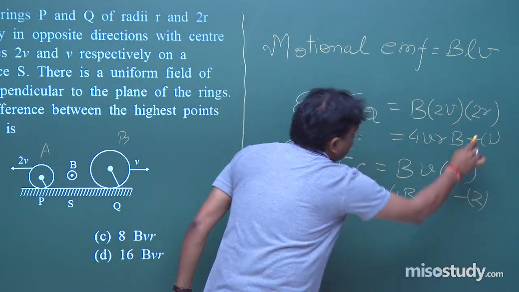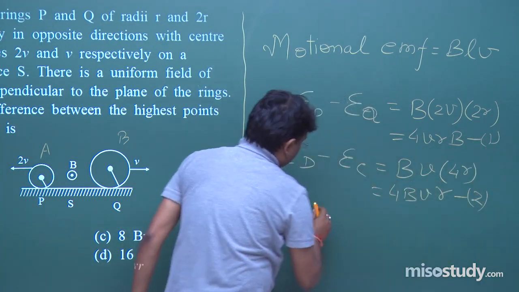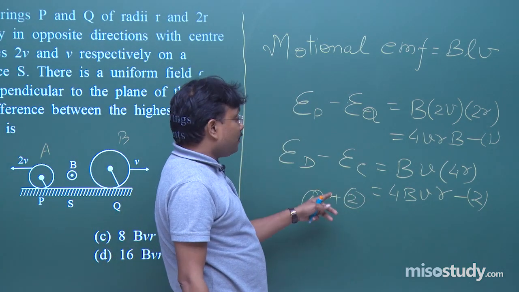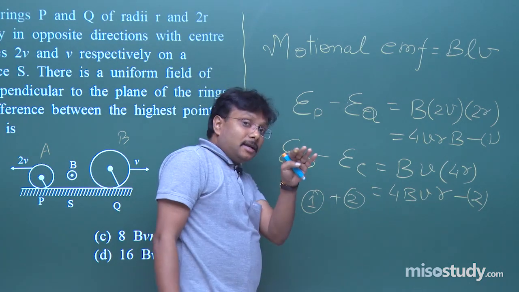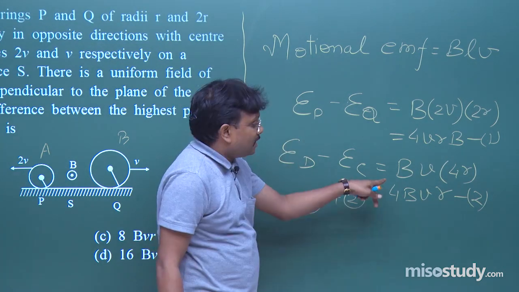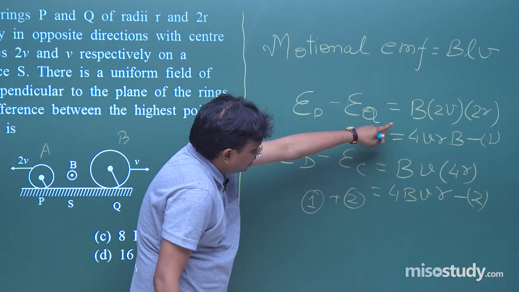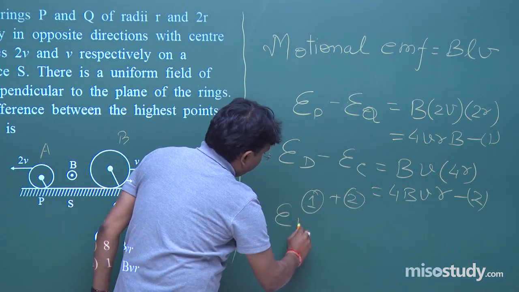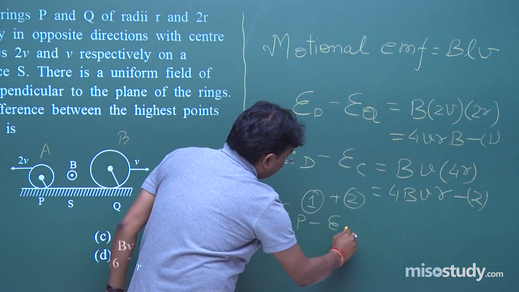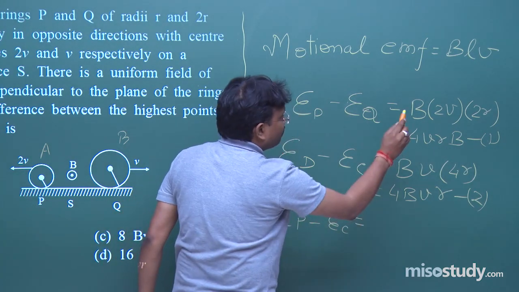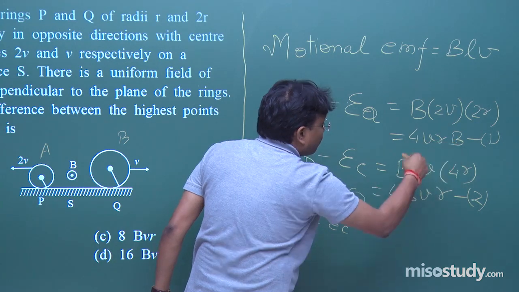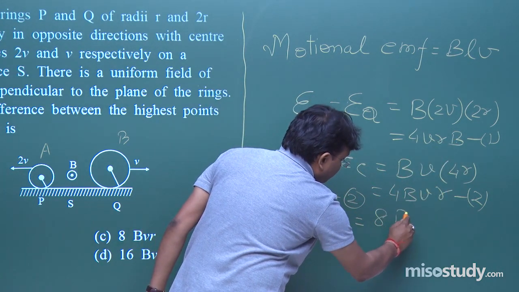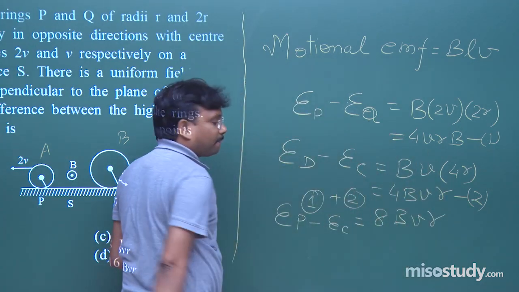Now, this is equation number 2. So, the sum of 1 plus 2 will give you initial minus final, and that too with a minus sign. So, it is EP minus EC, that will give you 4VBR minus of minus 4VBR, that is 8BVR.